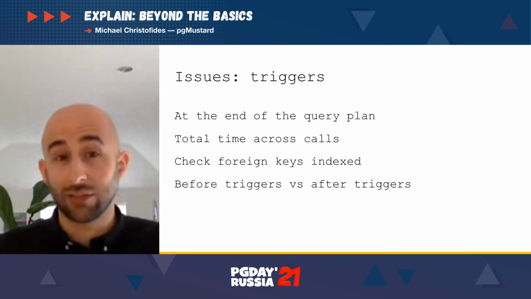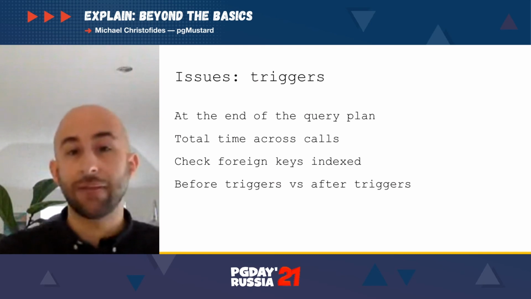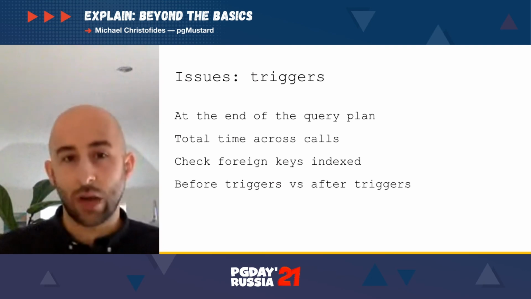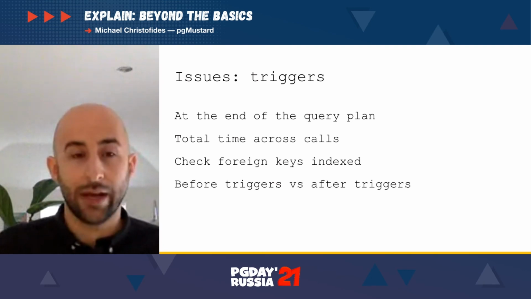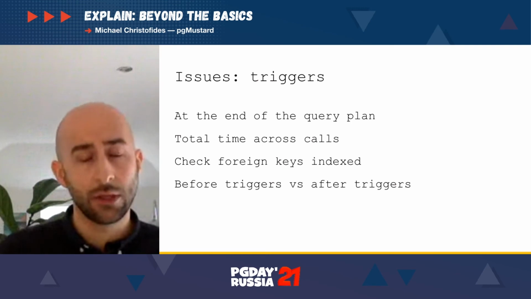So you might see it as a result of that. And something I haven't included here, but if you're using explain analyze verbose, you'll get the trigger names as well, which I find particularly useful, because you can see, for example, if it's a constraint by the name of those.